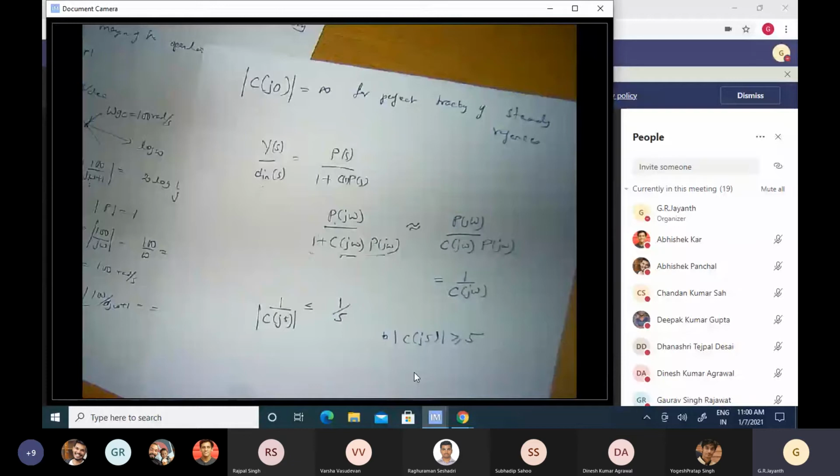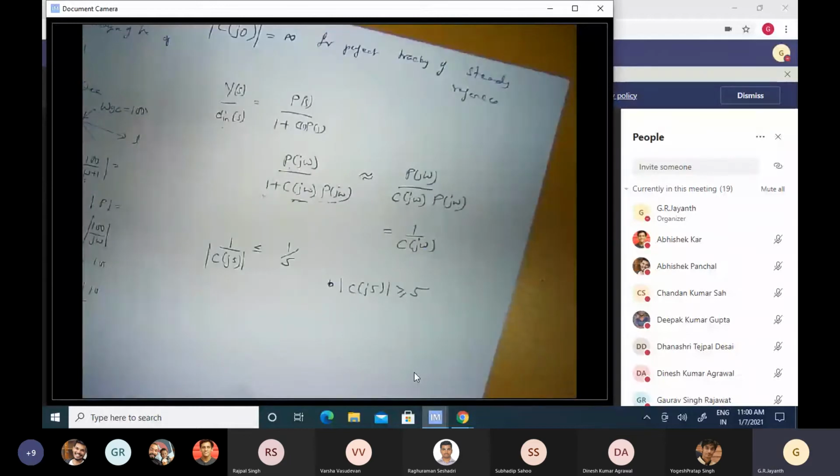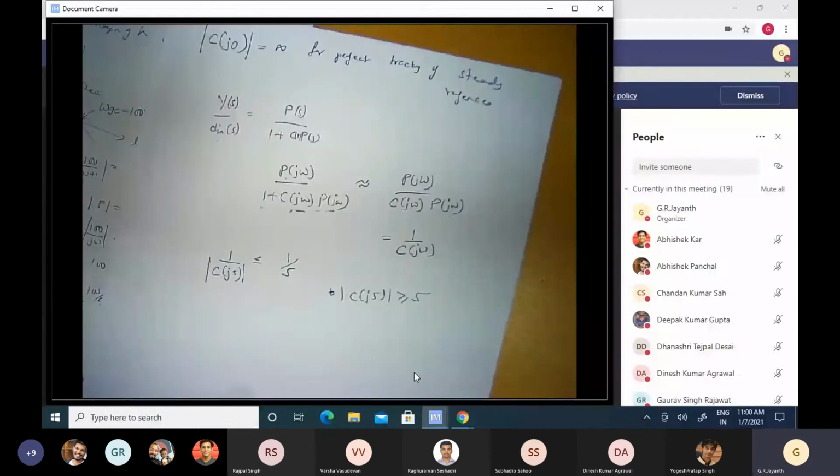So these are our specifications. These are the demands that we are making of our controller. Any questions so far? So we are converting the specifications of performance into requirements on the controller's gains. Any questions?